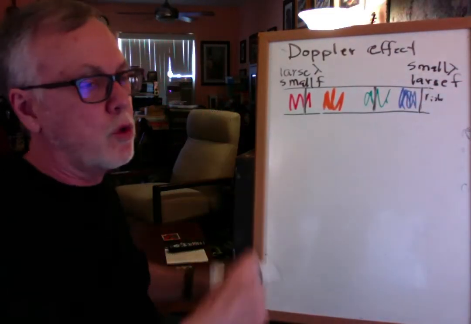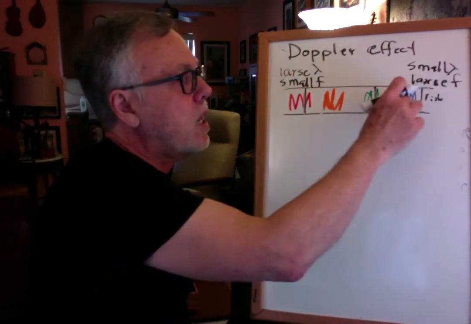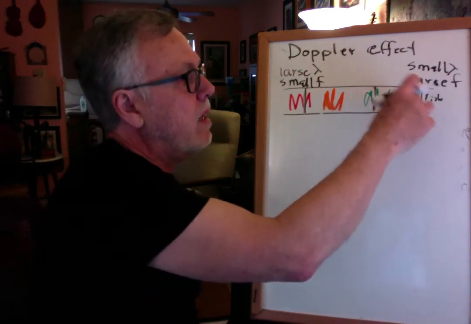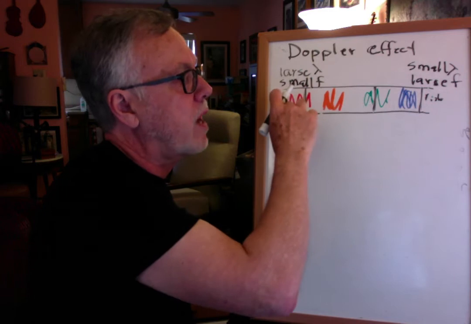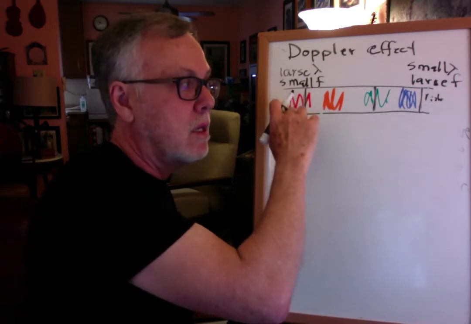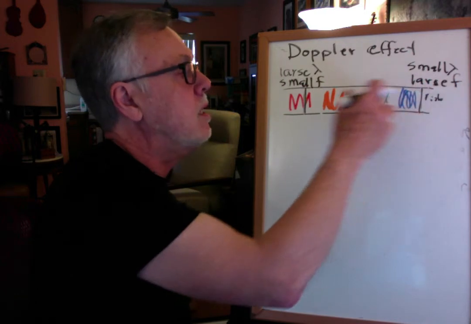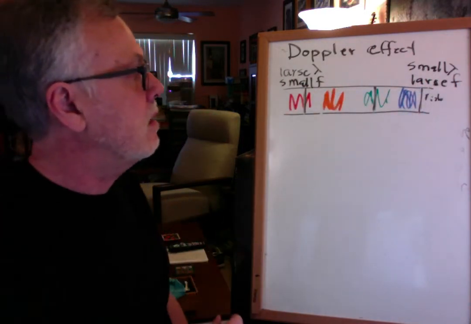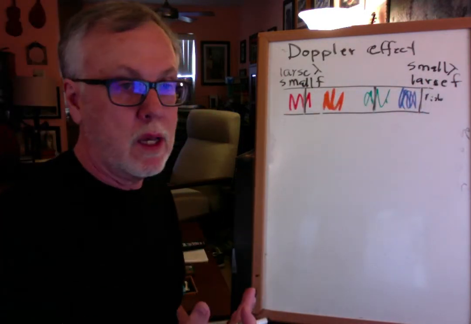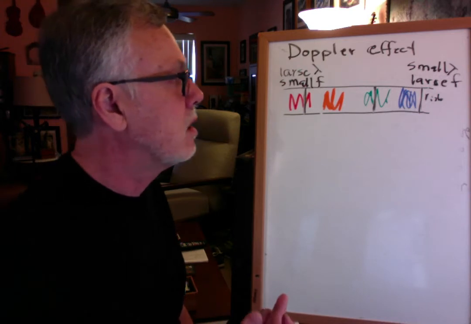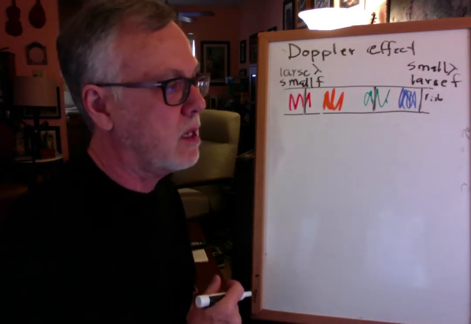The difference of those two colors is quite a large change in wavelength between blue or violet and red. Another way to say it is that blue or violet has large frequency and the frequency of red is much smaller. So you have those relative things.